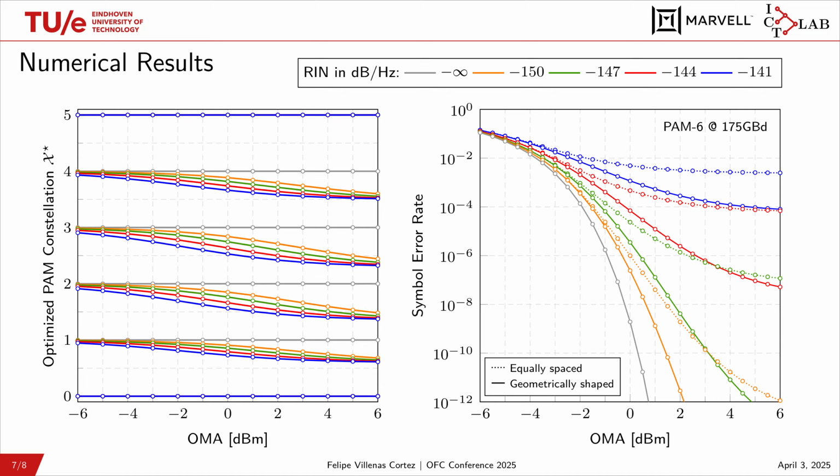From these results, the main conclusion we can extract is that if we employ geometric shaping, we can achieve the performance of a system with a lower RIN parameter, as we can see from the jump from the green curve to the orange one, and also from the red curve to the green one, which represents a 3 dB lower RIN parameter. This is very important for this system, where one of the focuses is also to employ low-cost components for the transceivers.